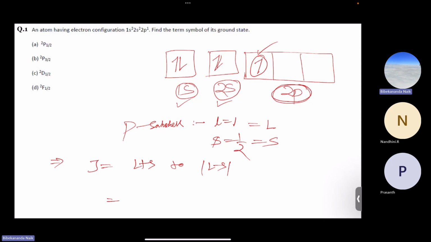If you see here, since S is half, there will be only two combinations, 1 plus half and 1 minus half. So 1 plus half, 1 minus half. 1 plus half is 3 by 2, 1 minus half is half. So these are the J values.